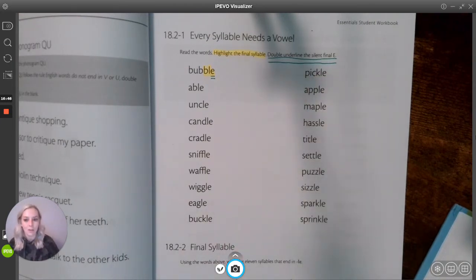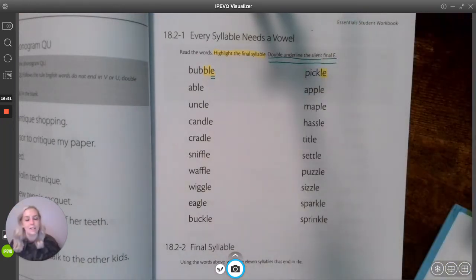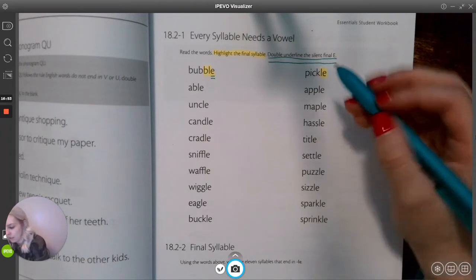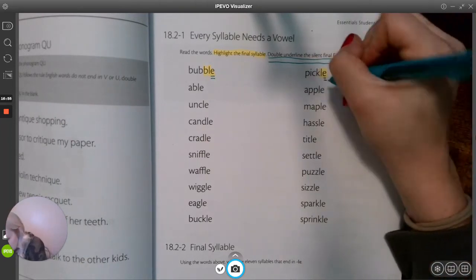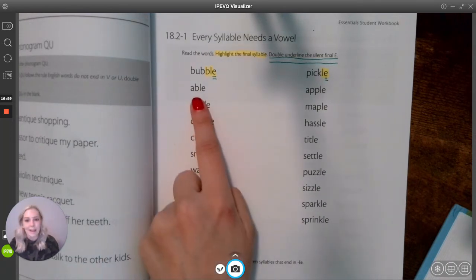Let's hop over here. Pickle. Our last syllable is kle, and silent final E. Let's go down here. Able.